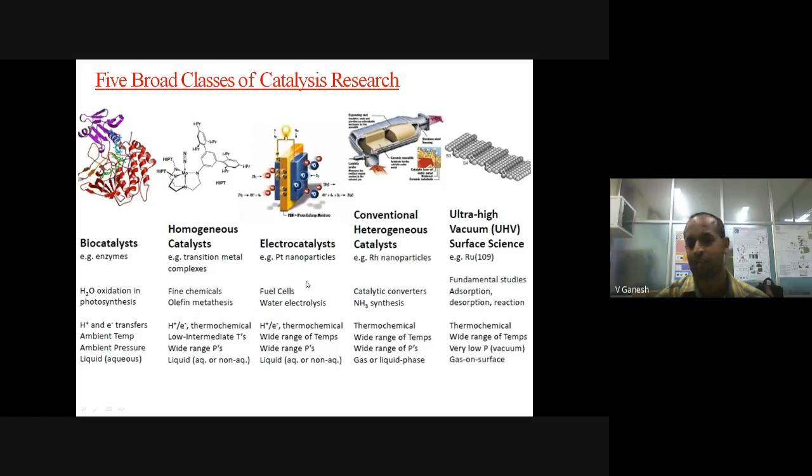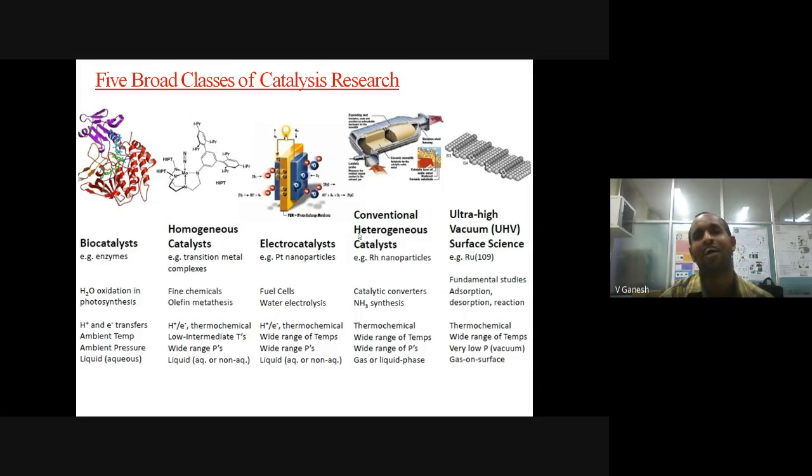What do I mean by electrocatalysis? The very famous reaction would be water electrolysis. So why do we worry about water electrolysis? We can have a very big debate on this water splitting reaction. There are people who even now suffer for water for drinking purposes. But why do you want to split water into hydrogen and oxygen? No idea. We can have a debate later.